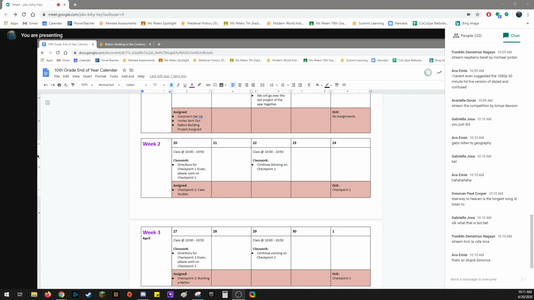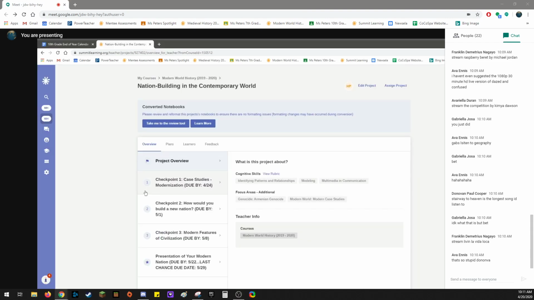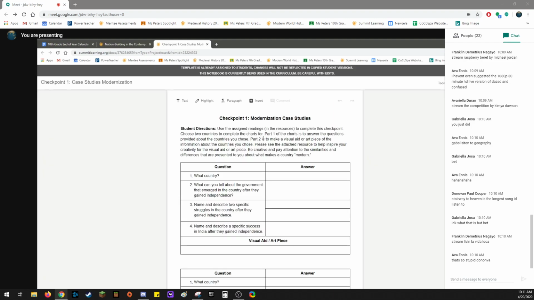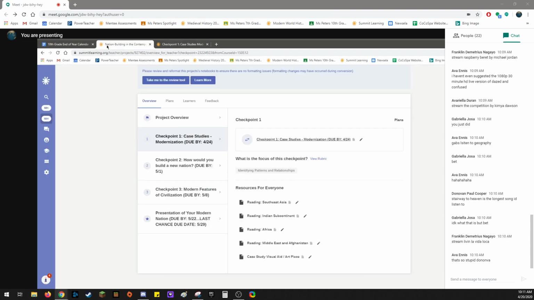So let's just jump right into looking at that. Just as a reminder, this is your case studies checkpoint this time around. It does also have accompanying readings and visual aid art piece directions.